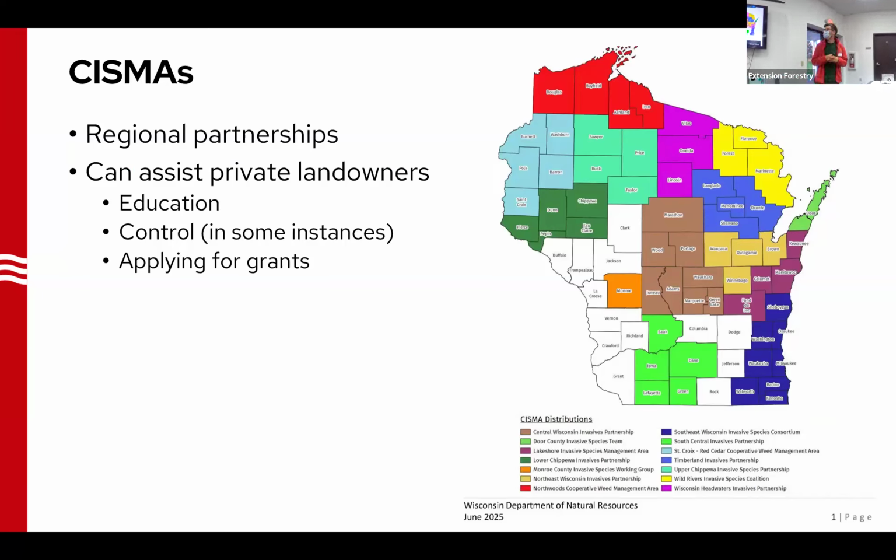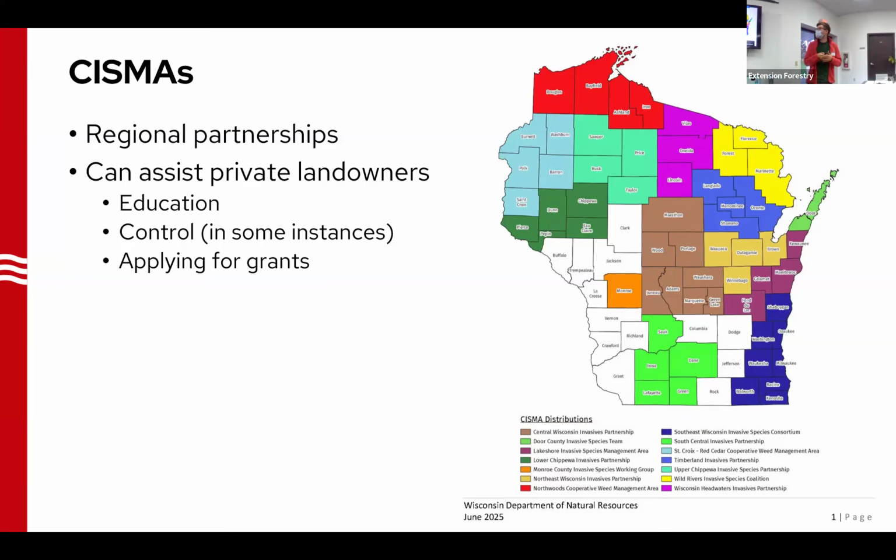In some instances, these SISMAs can also offer control, so they may be able to perform an invasive species application on your property. This is case by case. Often they have limited capacity to do so, and connecting with these organizations is a good way to see if they can. But at the very least, they can provide you with a lot of information and technical support.